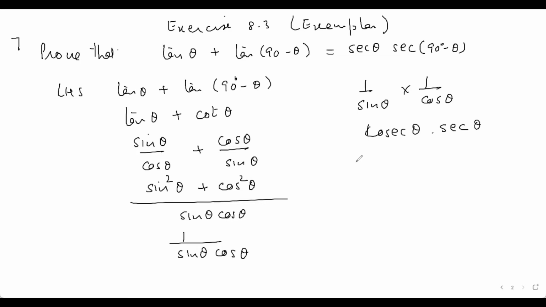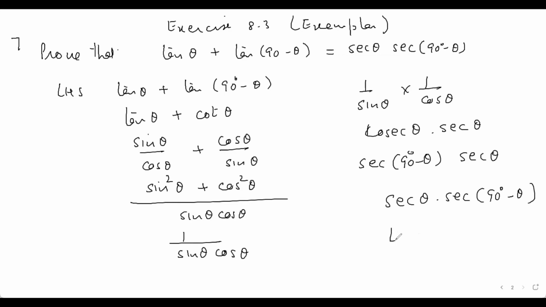Cosec theta can be written as sec (90 degree minus theta) into sec theta. So this is equal to sec theta, sec (90 degree minus theta). This is what we want to prove. So left hand side is equal to right hand side.